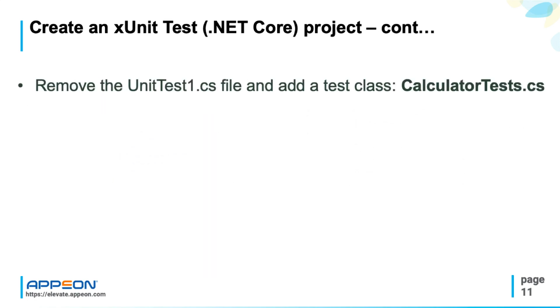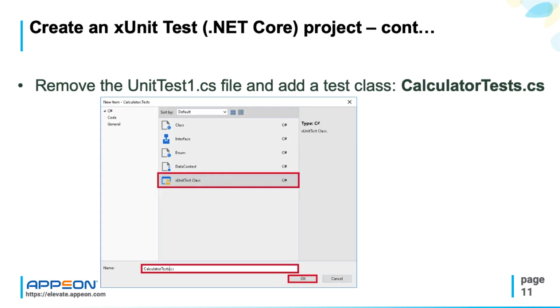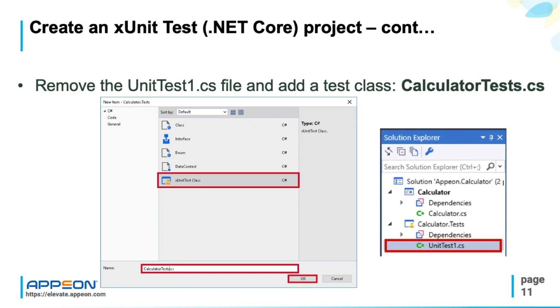This will create a simple project with one class for the basic starting point of our tests. Since we will create our own class to test our code, we can proceed to delete this object. So right-click on the UnitTest1.cs object and then select delete.